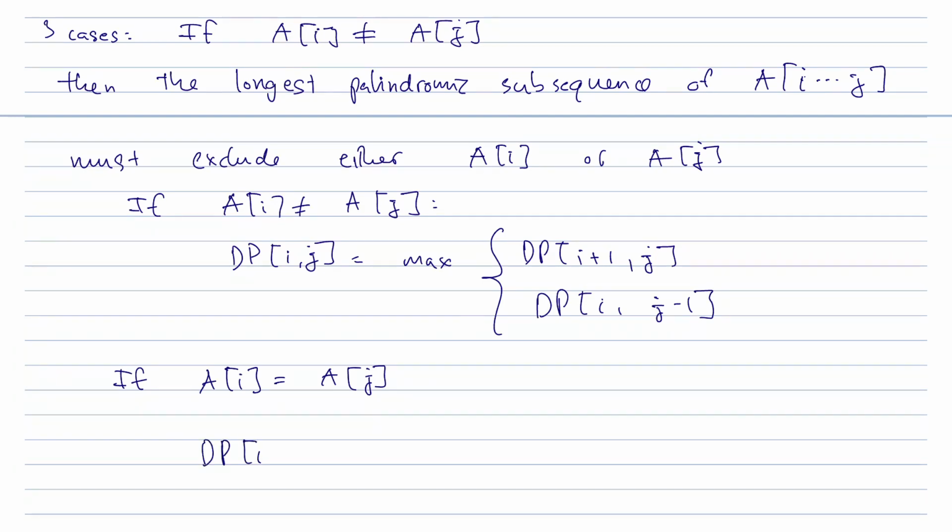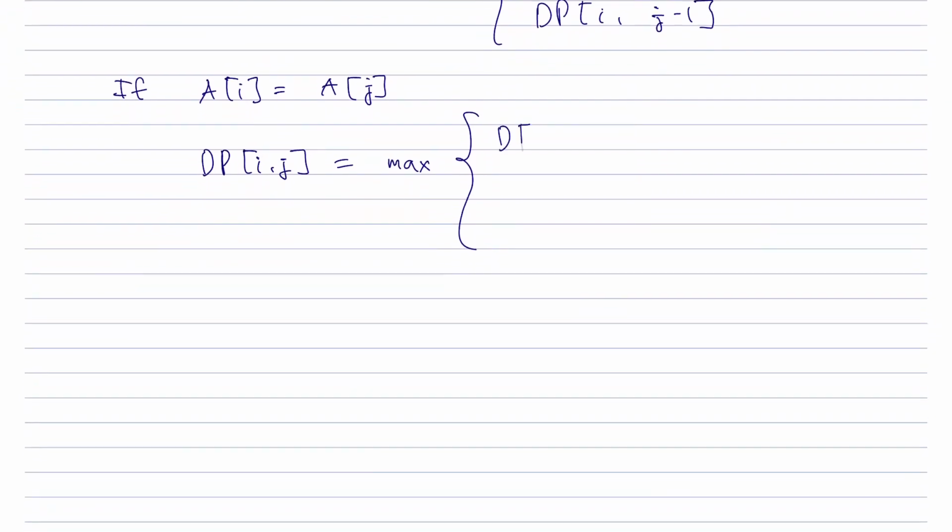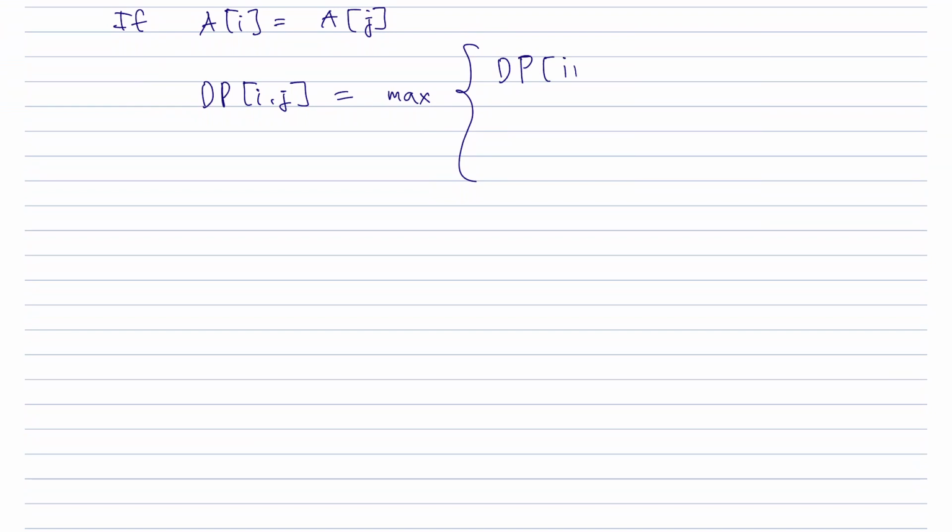So dp[i][j] is the maximum between these three cases: dp[i+1][j-1] plus 2, or you can ignore A_{i+1} or A_{j-1}.